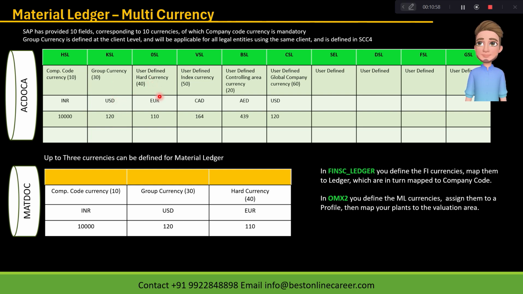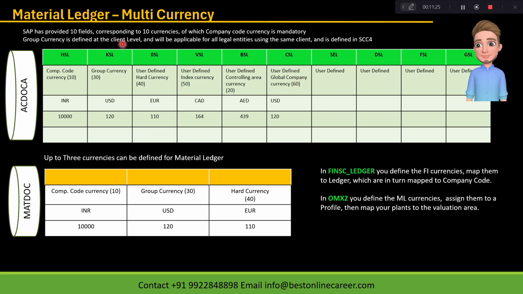Then my hard currency, let's say it's euro, is 110 euros. Then the user defined currency was GBP, but in this example I have used Canadian dollars, which comes to 164. You want to report your numbers to your Middle East corporate also, so you may want to use AED. Your user defined global currency could be again USD, so you can report your numbers again using a global company currency, which is represented by the number 60.